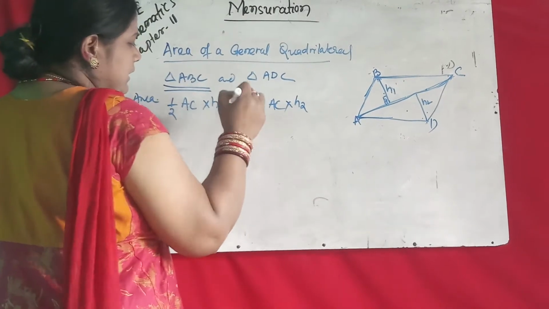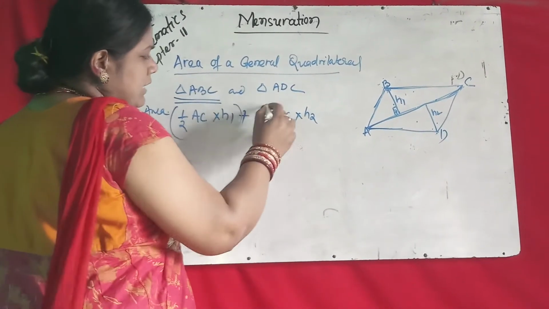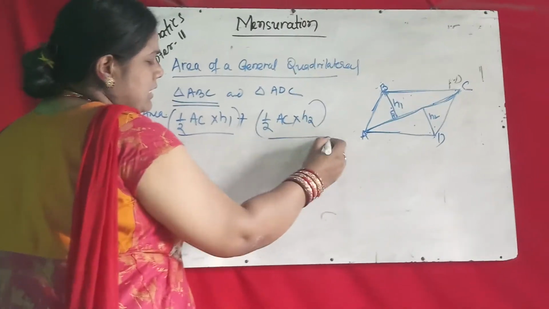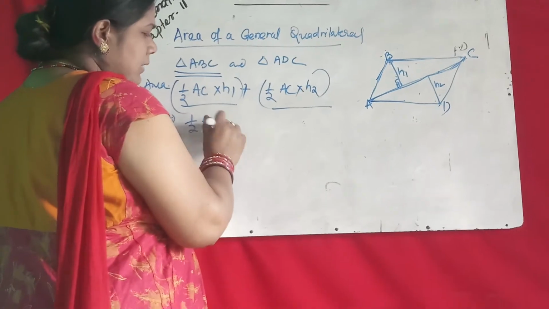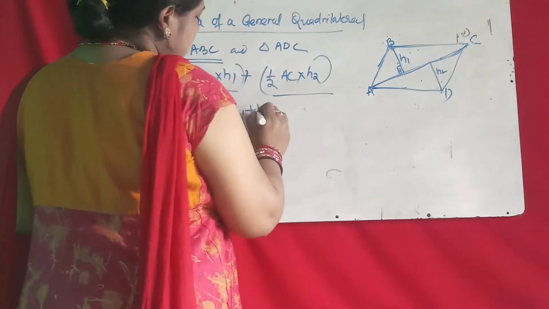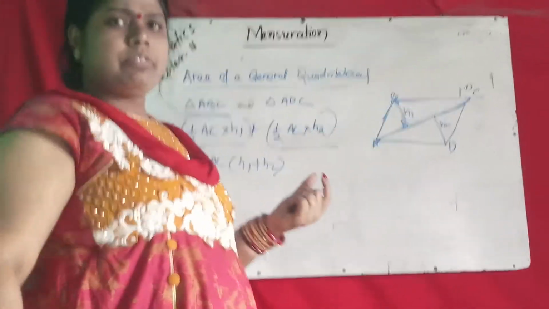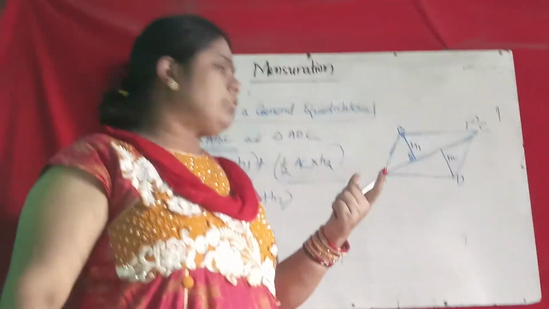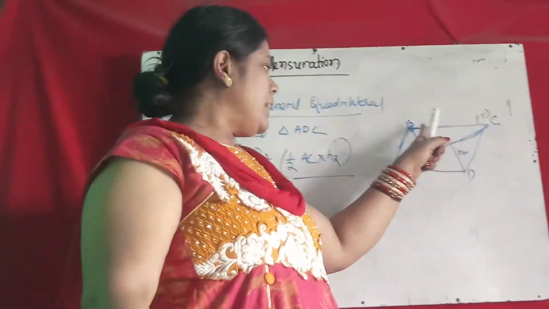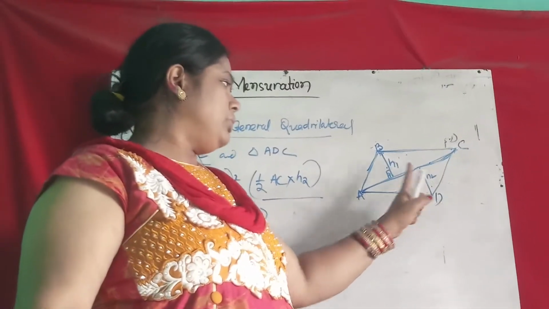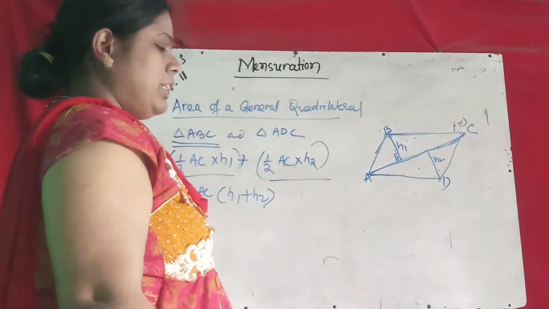Adding, the total area of the quadrilateral has half AC common, times H1 plus H2. So in a general quadrilateral, if a diagonal and two heights are given, the area formula is half AC diagonal into H1 plus H2.